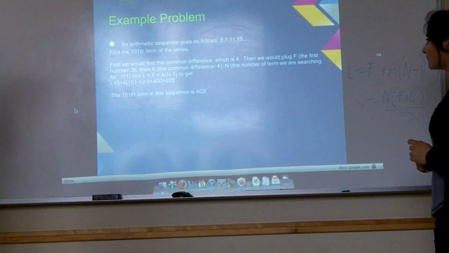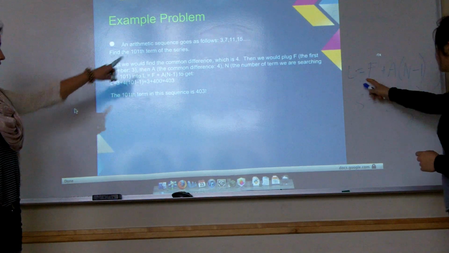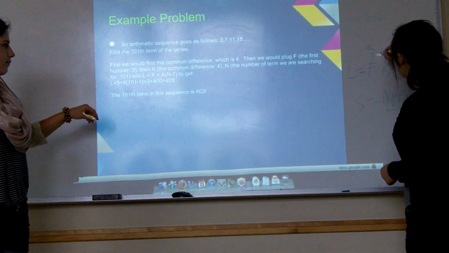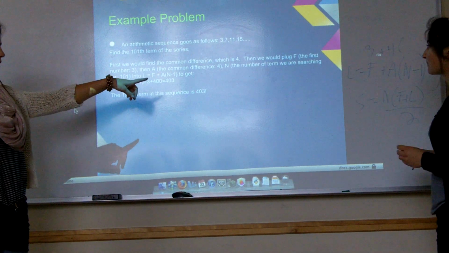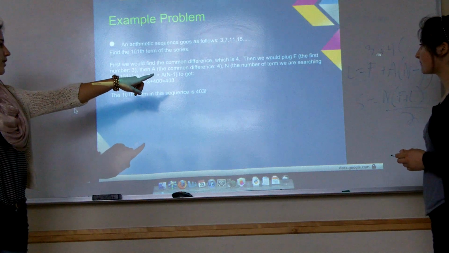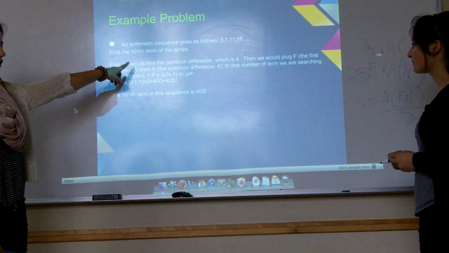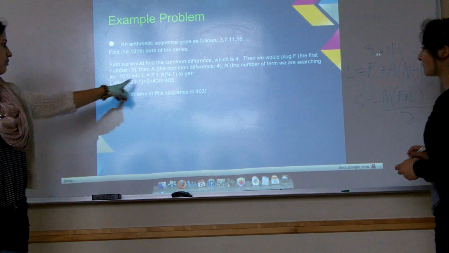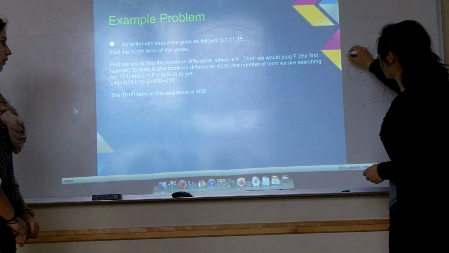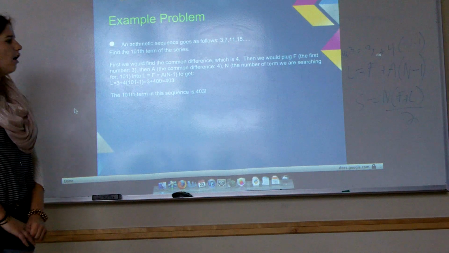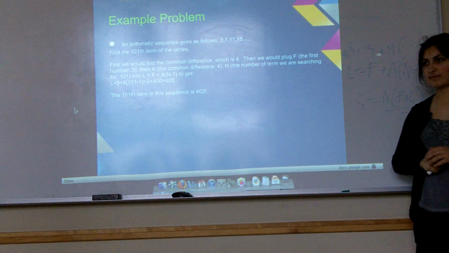Then you would plug in F, which is the first number, 3. Then A, the common difference of 4. And then N, the number of the term we were searching for, which is 101. You plug that all into the equation, solve it, and get 403. So you know that the 101st term is 403.